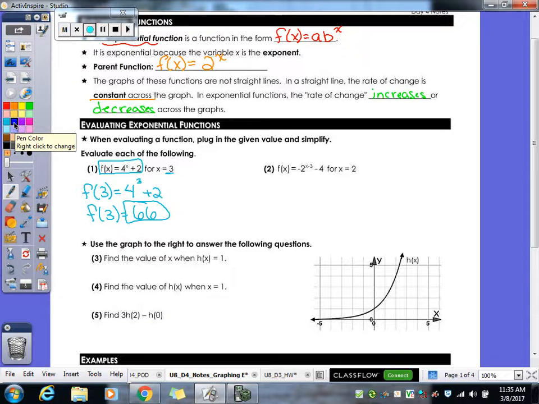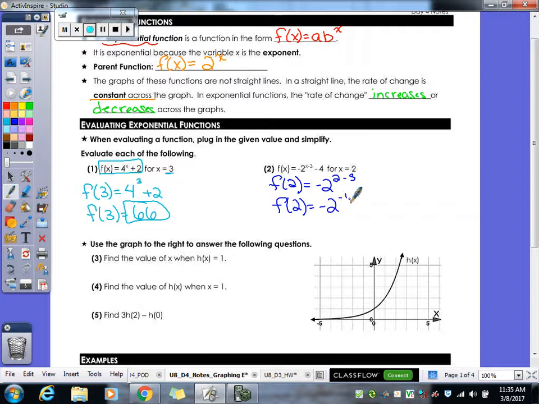For our second one, what are we plugging in? A 2. So f of 2 equals negative 2 to the 2 minus 3 power. So for our exponent, what is 2 minus 3? Negative 1. So really, I have negative 2 to the negative 1 power.